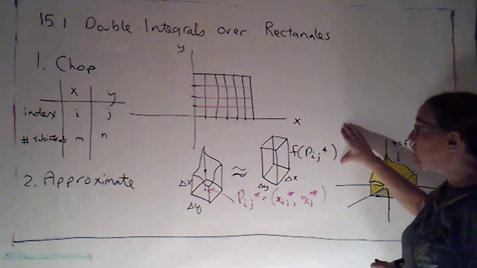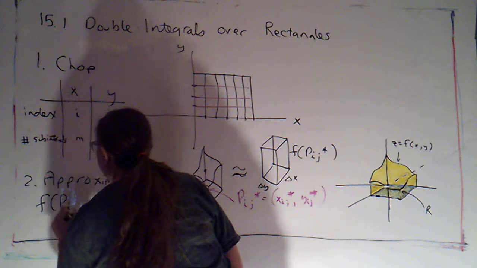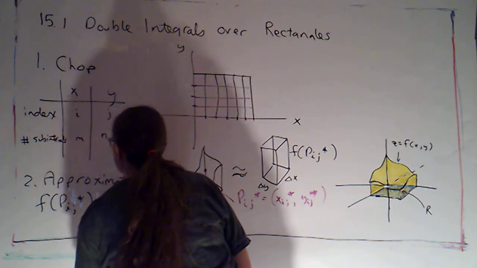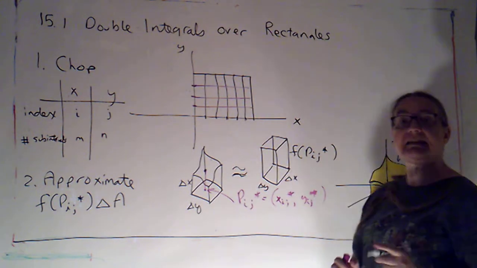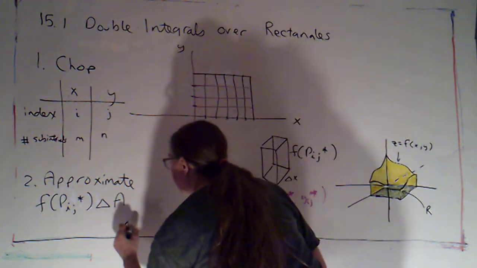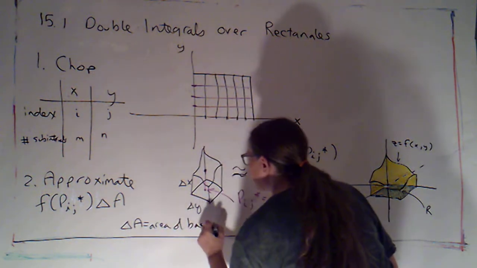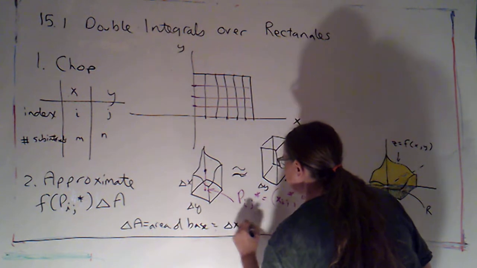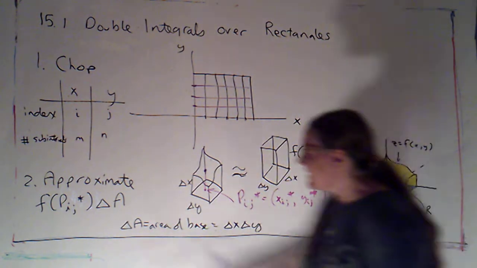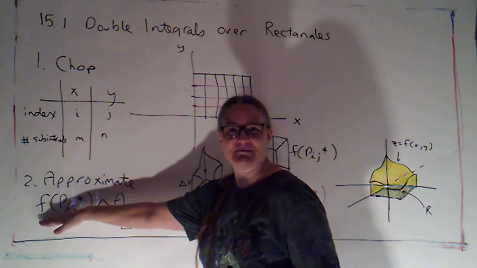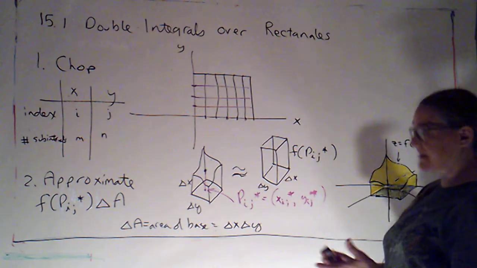So the volume would be f at Pij star times delta A, where delta A is the area of the base, and of course I would calculate that as just delta x times delta y. So we're saying volume is area of the base times the height for a rectangle, and that's how we're going to approximate things.